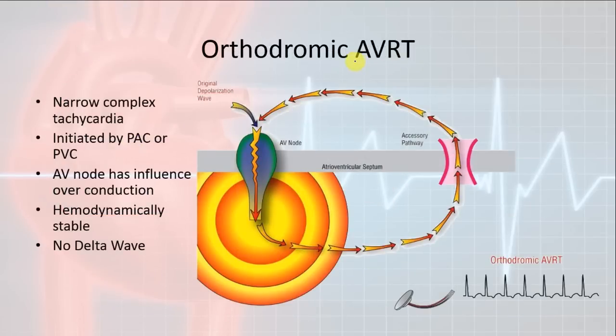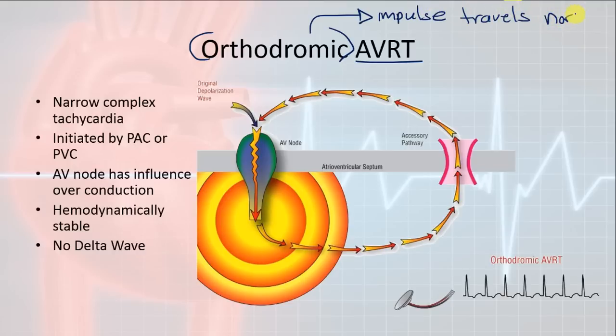The first AVRT I want to look at is called orthodromic. Orthodromic is where the impulse travels normally through the AV node.